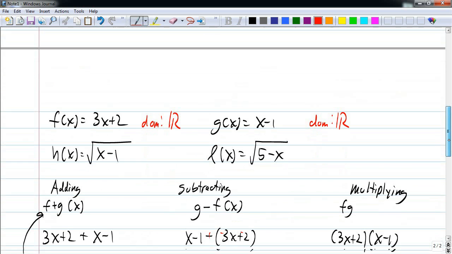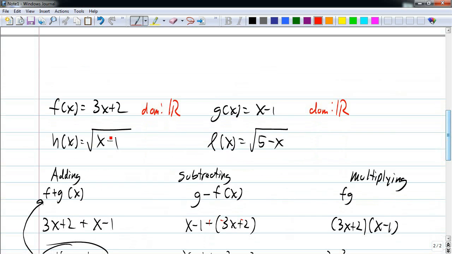And as you know, the thing under the radical cannot be negative. It has to be greater than or equal to 0. Therefore, plus 1, x needs to be greater than or equal to 1. So h has a domain of 1 to infinity.